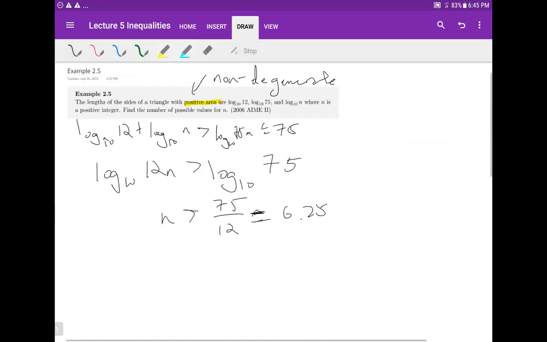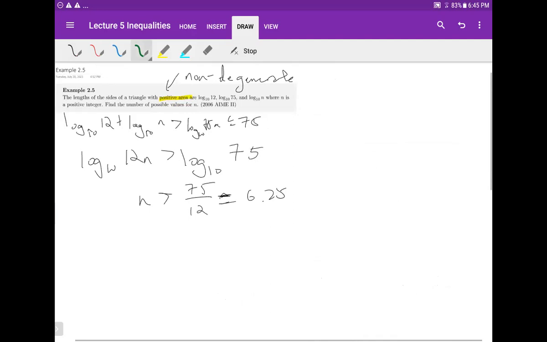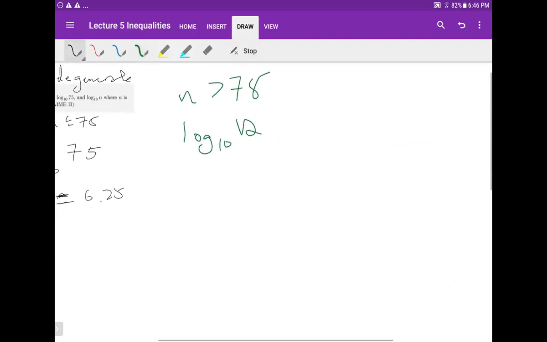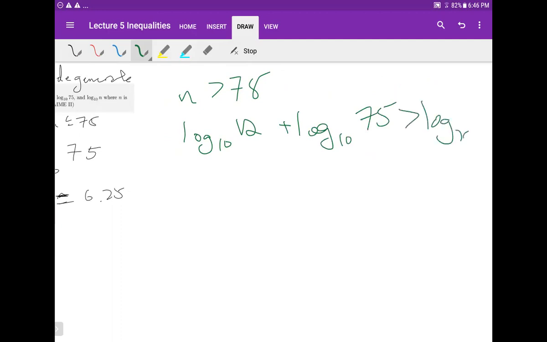Next, we want to consider the other case. The other case here is that n is greater than 75. And here we would have log base 10 of 12 plus the log base 10 of 75 would be greater than log base 10 of n.